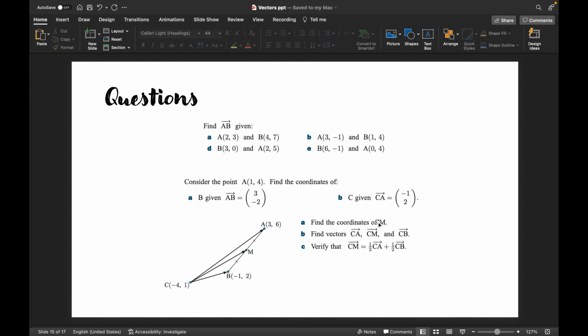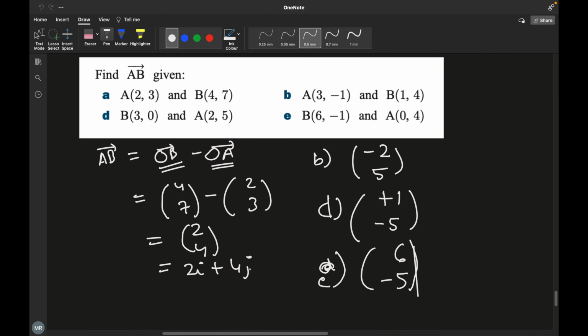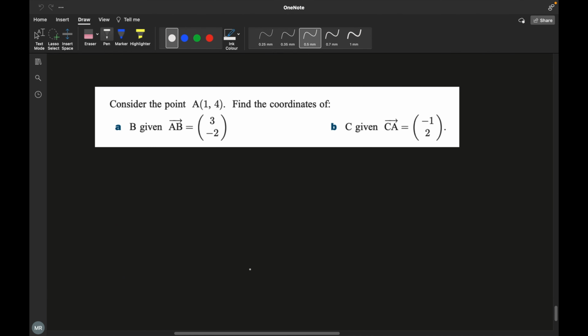Let's look at question number 2. Consider the point A with coordinates (1, 4). So we have to find the coordinates of B given that vector AB is (3, -2). This is also very simple. We have to first write the equation. Vector AB is OB minus OA. Let's plug in the values. AB is (3, -2).